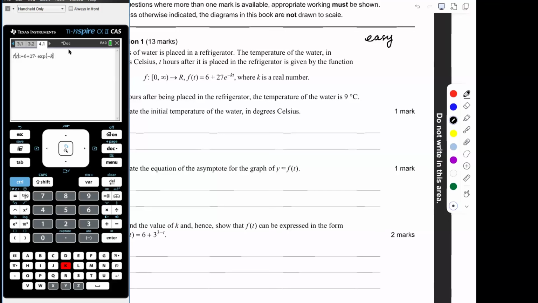And show that f of t can be written in this form. Therefore, f of t is 6 plus 27e to the power minus log e of 3 times t. So 6 plus 27e to the power log e of 3 as one item raised to the power minus t.